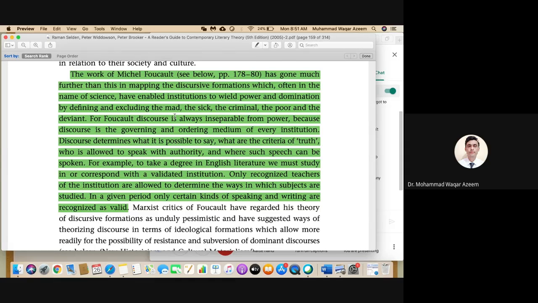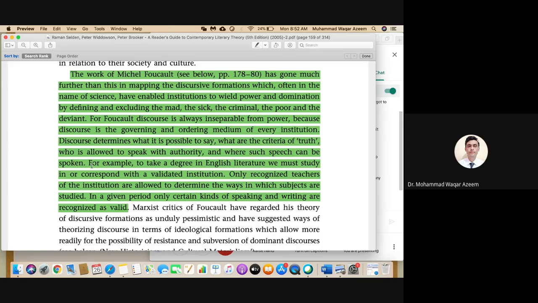For Foucault, discourse is always inseparable from power, because discourse is the governing and ordering medium of every institution. Discourse determines what it is possible to say, what the criteria of truth are, who is allowed to speak with authority, and where such speech can be spoken.